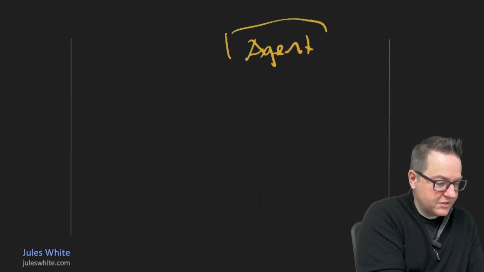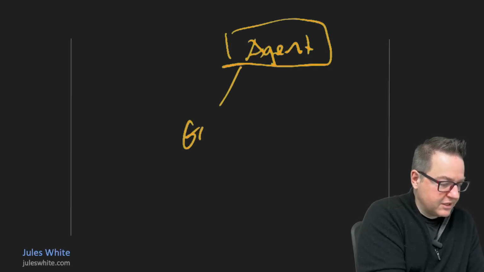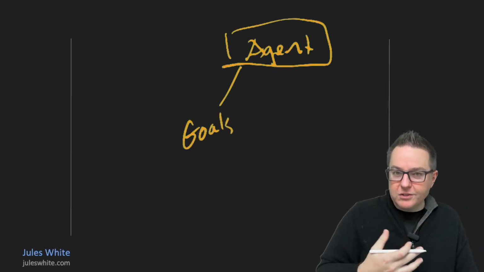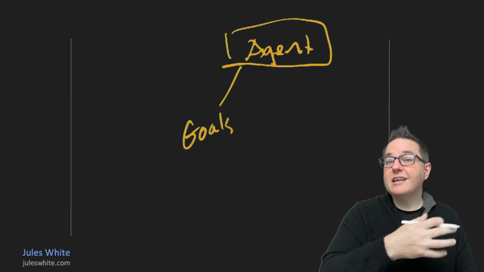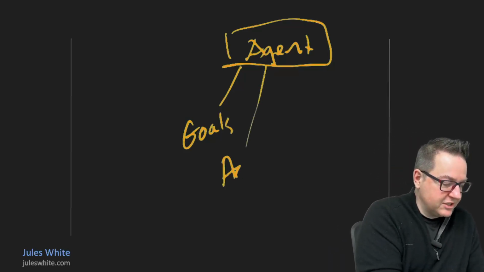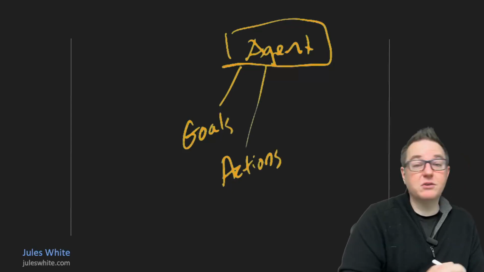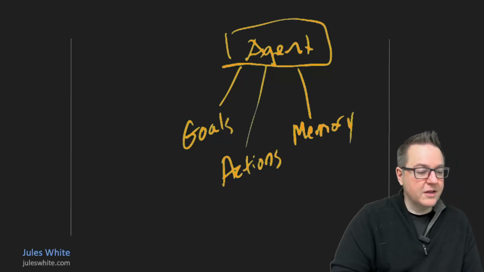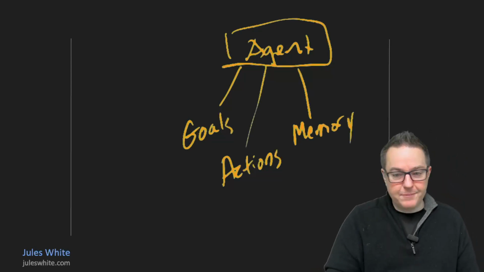So if we have some AI agent, we have a set of goals that it's trying to achieve. And with the goals, I loosely use the term goals. It's going to have instructions about process and other things. It's going to have the actions that it can take to try to achieve those goals. The next thing it's going to have is memory, so that as we execute the loop, it remembers what happened.